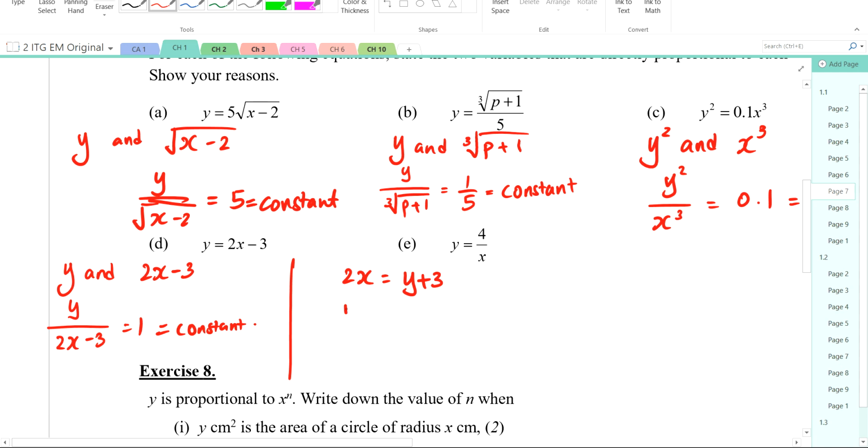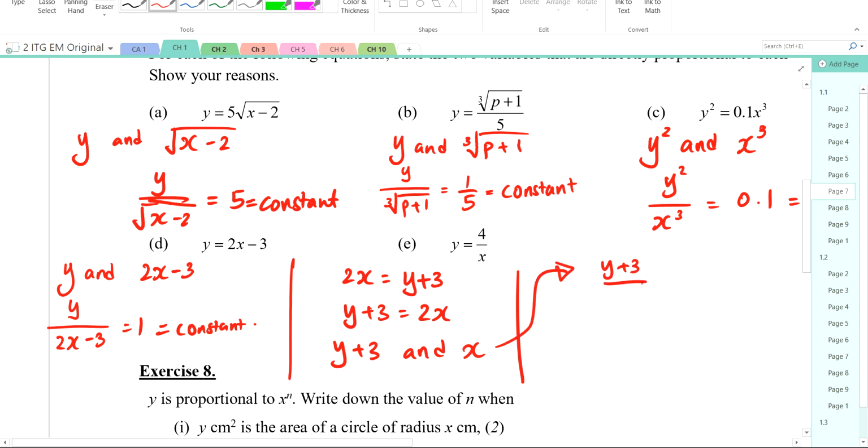Or we can write y plus 3 equals 2x. So my variables could be y plus 3 and x. So why is that so? Because y plus 3 over x equals 2, which is a constant.